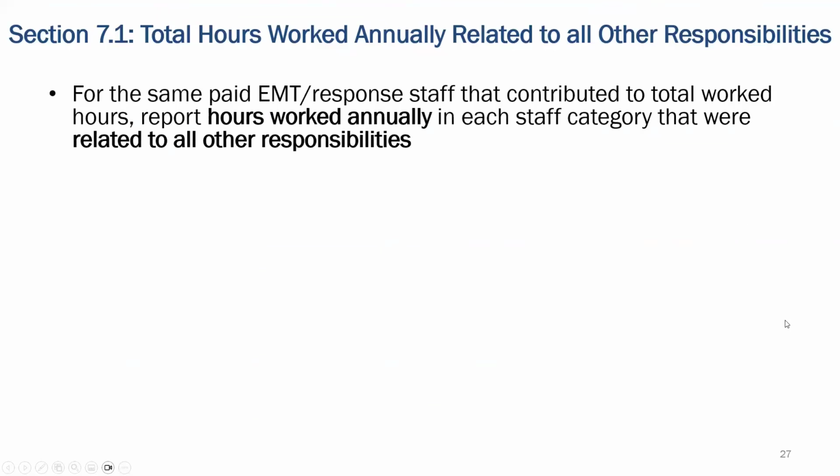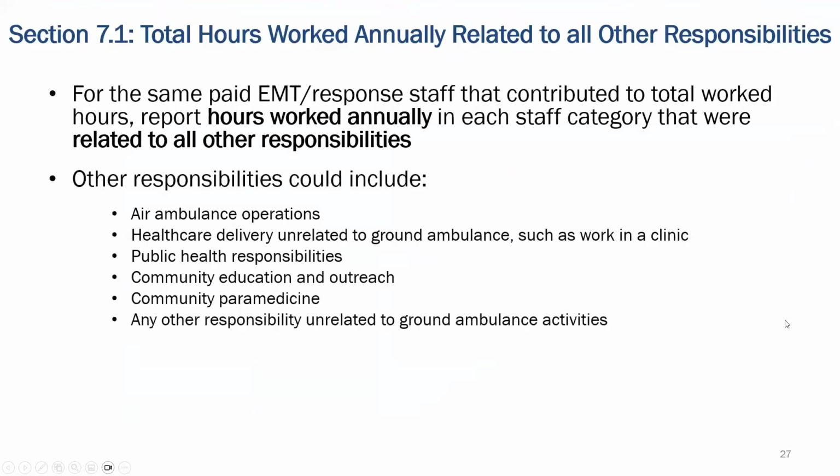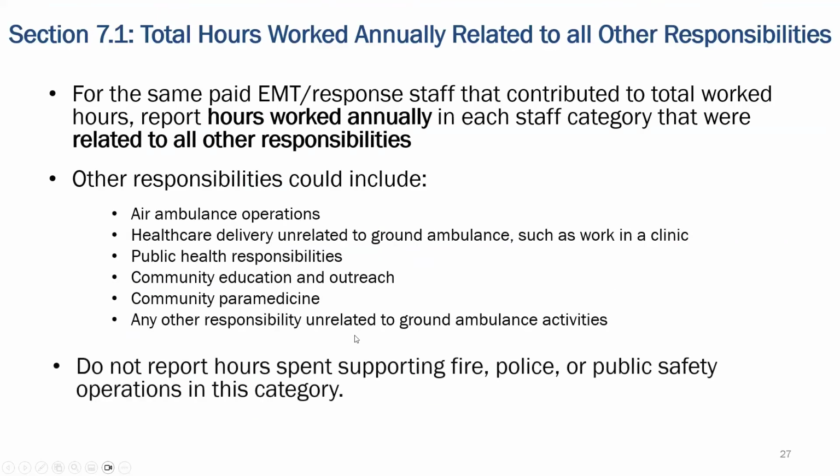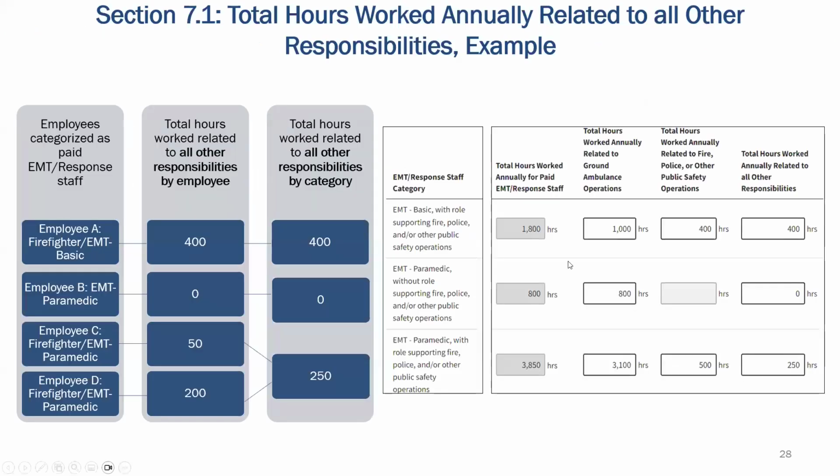And finally, there's the all other activities. We already covered what these activities can be. It's important to stress that you should not double report the hours worked supporting fire, police, or public safety operations in this category. So here you might have another, for all other responsibilities, the firefighter EMT basic might have 400 hours worked.